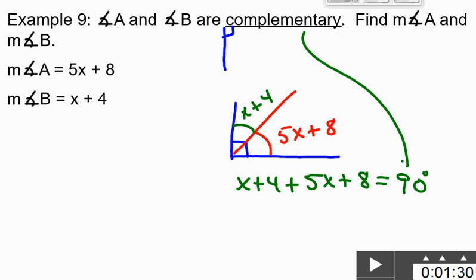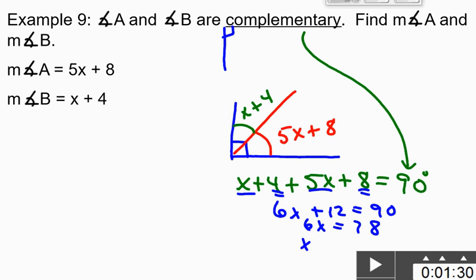Complementary means 90 degrees. Then just go ahead and combine your like terms, just like you always would. That's going to give me 6x plus 12 equals 90. 6x equals 78, and x is going to be equal to 13.